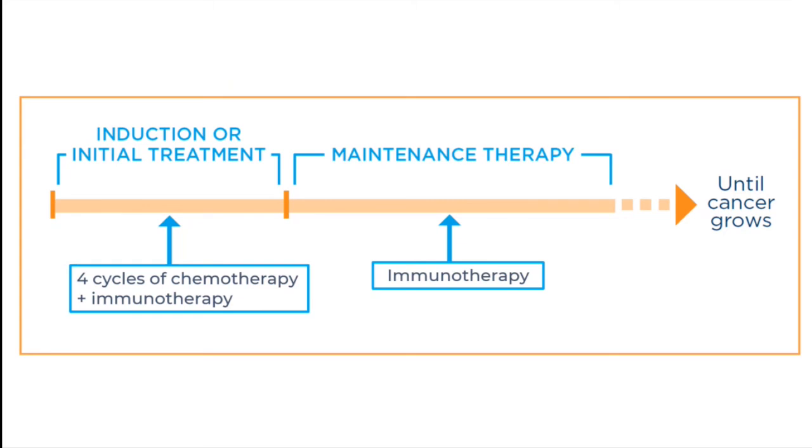And if that's the case, then most patients are eligible to be on what's called maintenance therapy. And this is oftentimes with just a single agent immunotherapy. And this will continue for as long as the cancer is responding, and for as long as the patient is tolerating it without any significant side effects. So that's a typical way of approaching stage 4 lung cancer in most patients.